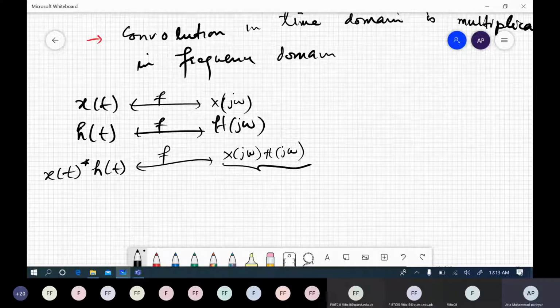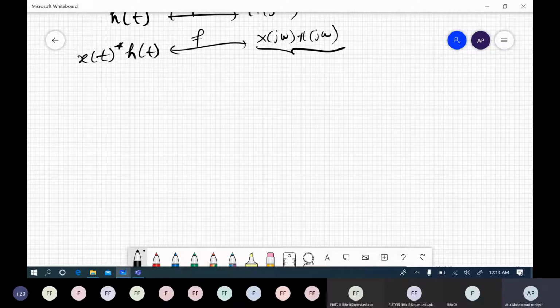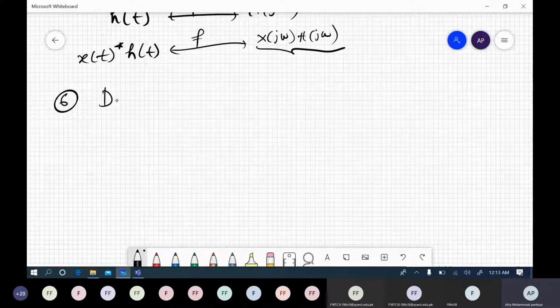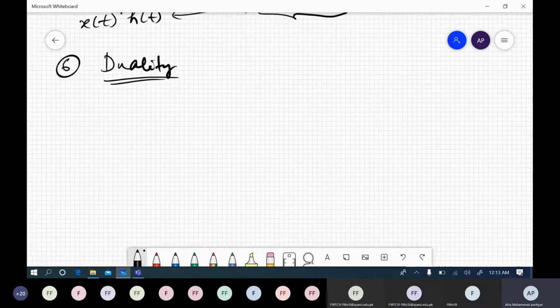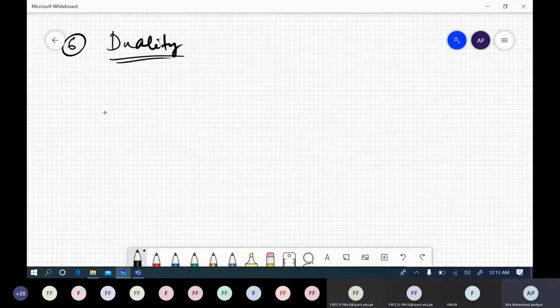Okay, so the next property in line is duality property. What does duality property say? If you remember, we transformed few signals.